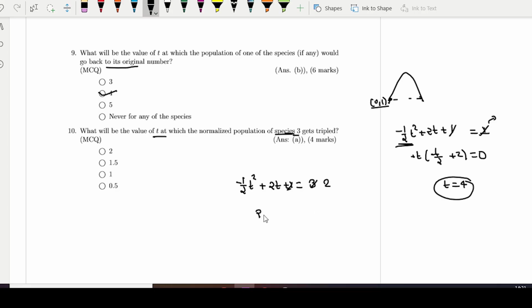Finally it will be 2 plus half t square minus 2t is equal to 0, so it will be t square minus 4t plus 4 equal to 0, so it is (t minus 2) whole square equal to 0. So after t equal to 2, the population of species 3 gets tripled. Okay, so in this particular case the correct option is 1.